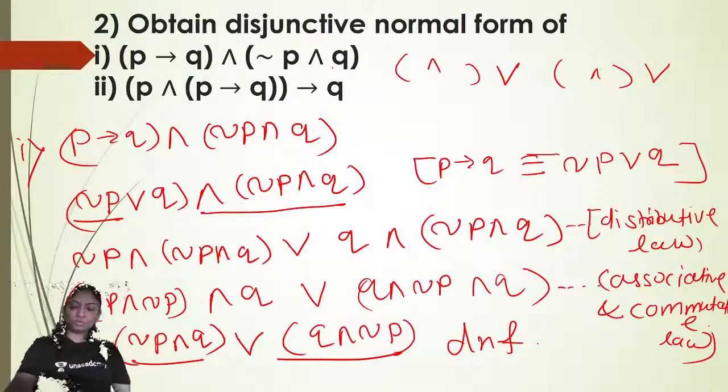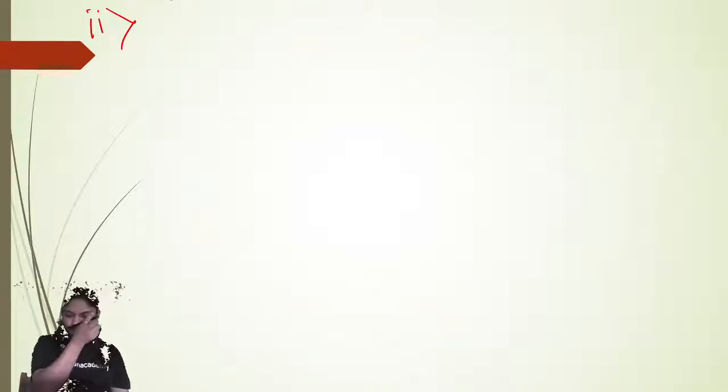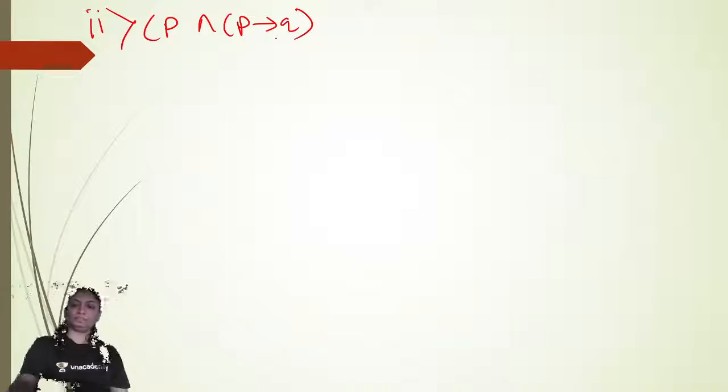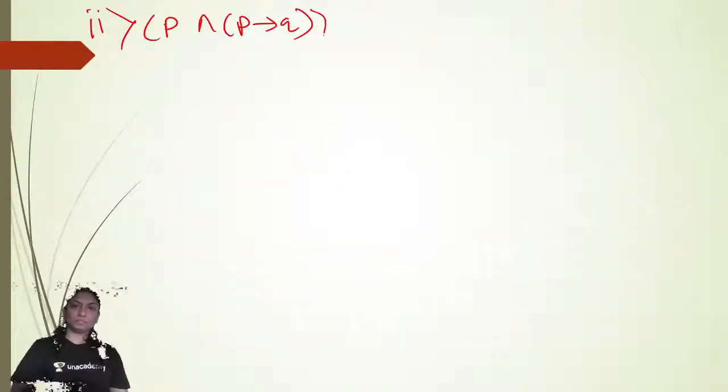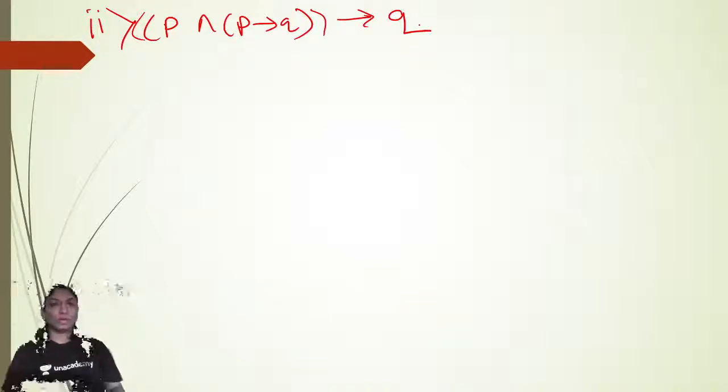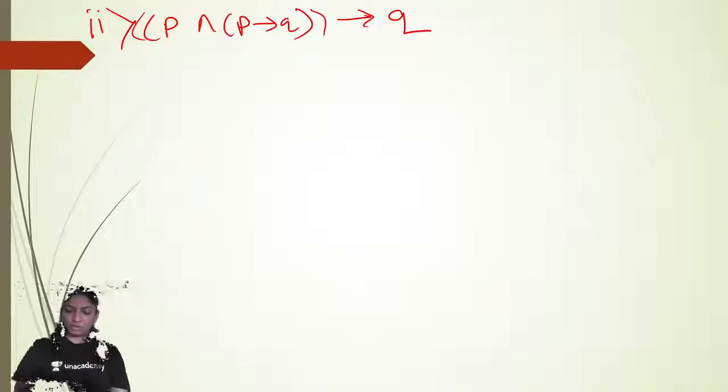Now we will go to the second statement. The second example here, negation of P and P implies Q implies Q. Okay, so our job is very simple.